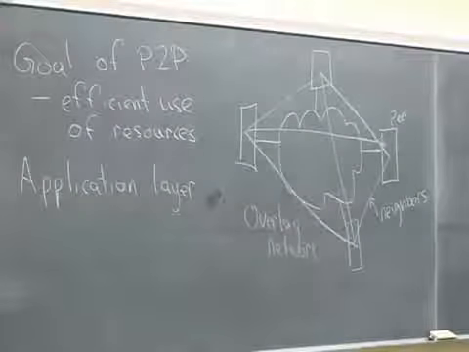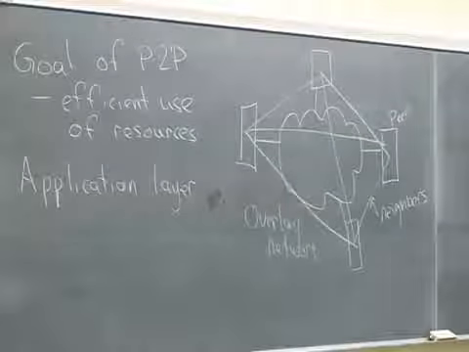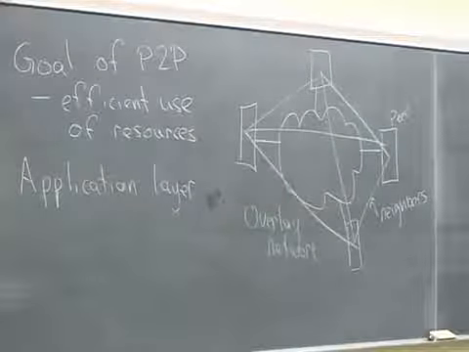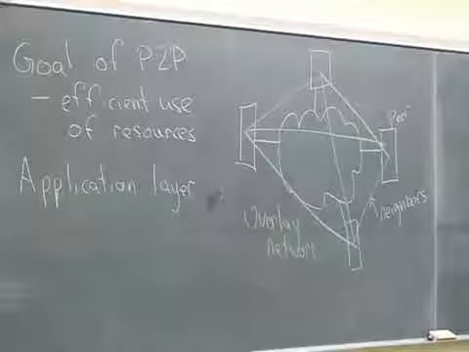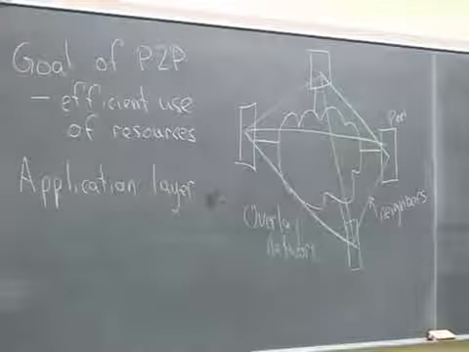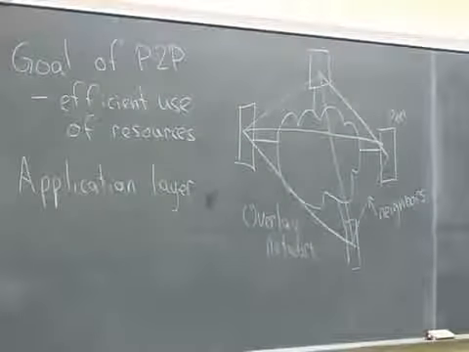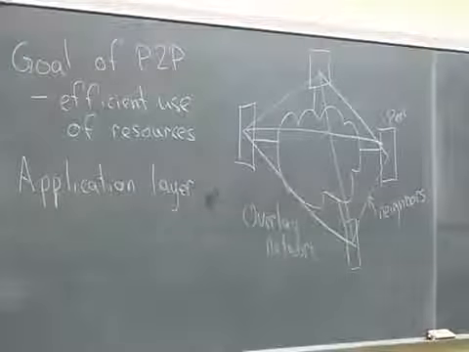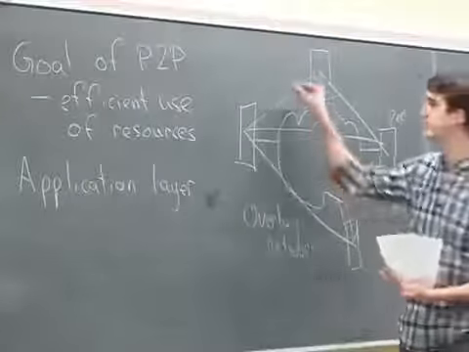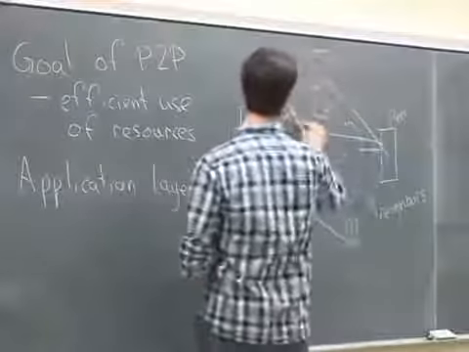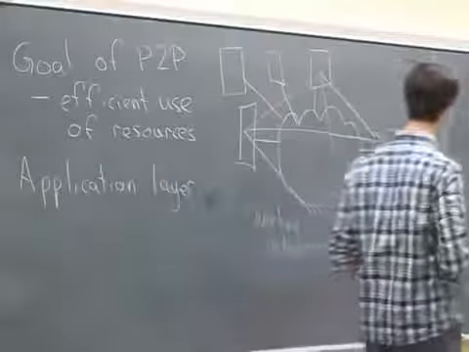Now, if you recall in our discussion of the internet in general, we said that one definition of the internet is basically everywhere that you as an end host can reach, right? You can only see a portion of the internet at a time. Well, peer-to-peer systems are exactly the same way, in that there may be many, many peers inside the peer-to-peer system that you're not directly neighboring with.